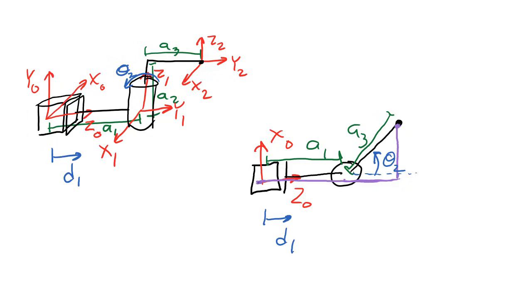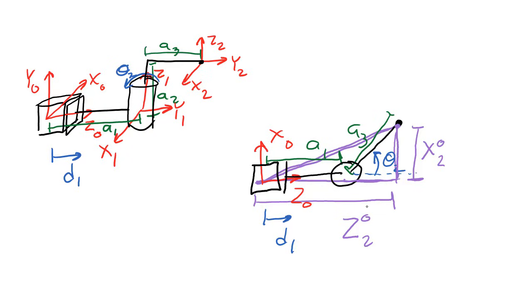The 0, 0 position is all the way back here, and so the triangle that shows the position of the end effector is this triangle. This distance here is the X position of the end effector in the base frame, and this distance here is the Z position of the end effector in the base frame.